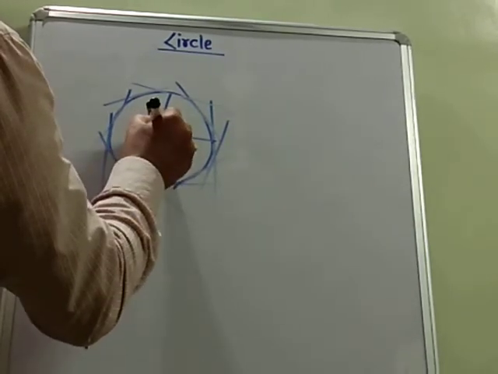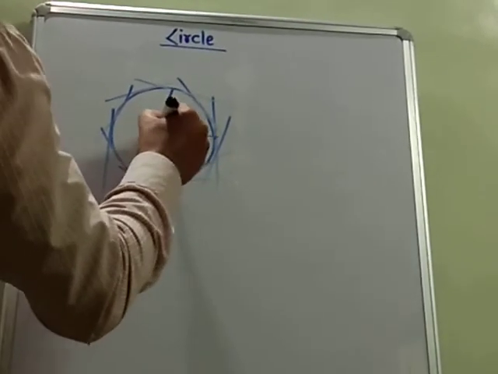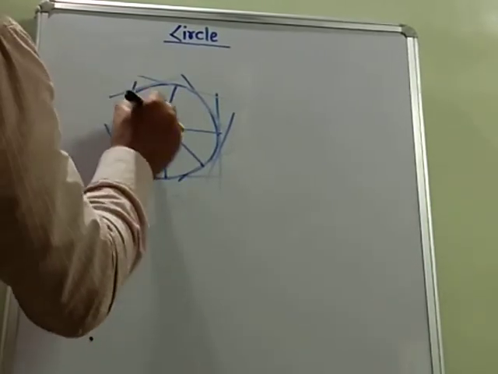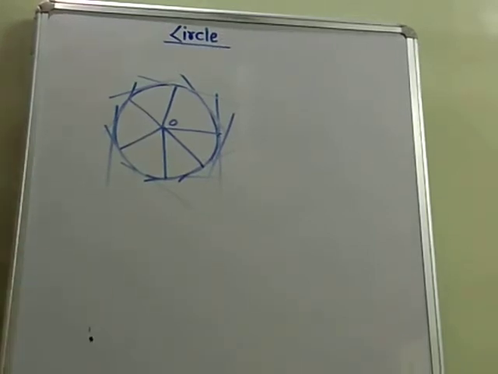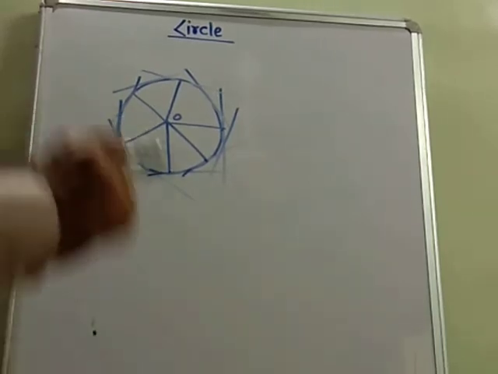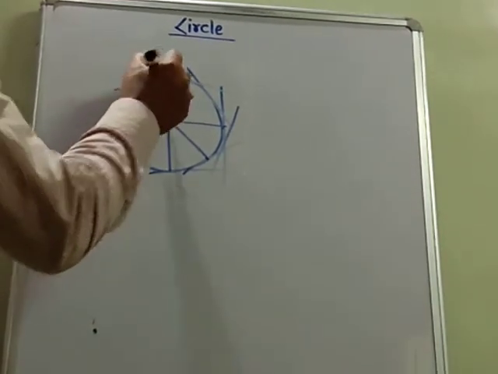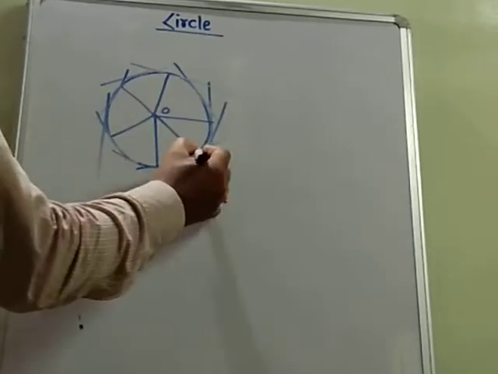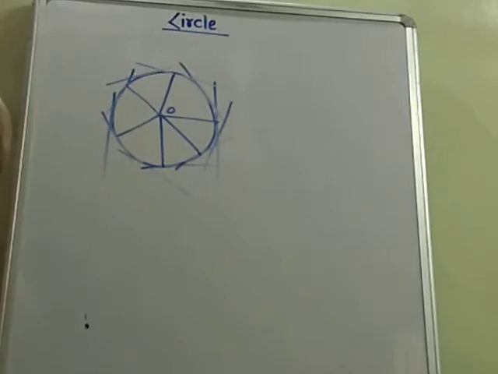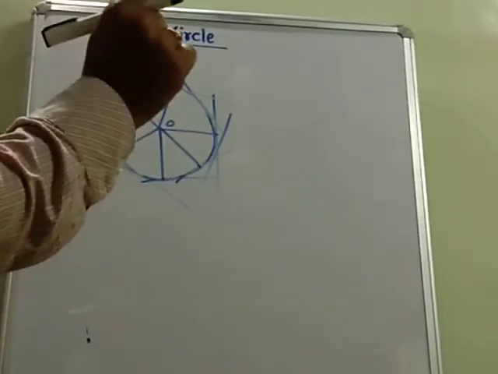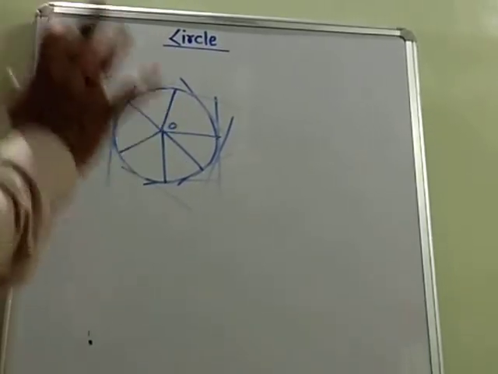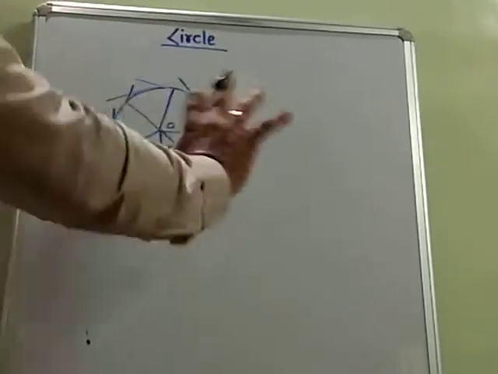This is the center of the circle, point O. From this second diagram we see the tangent at any point. The tangent at any point of the circle is perpendicular to the radius at that point. This property is known as the tangent theorem.